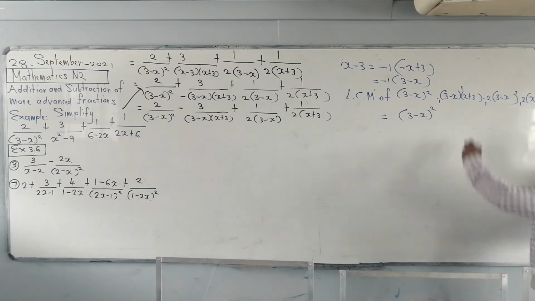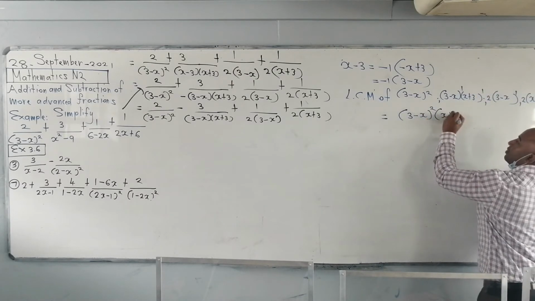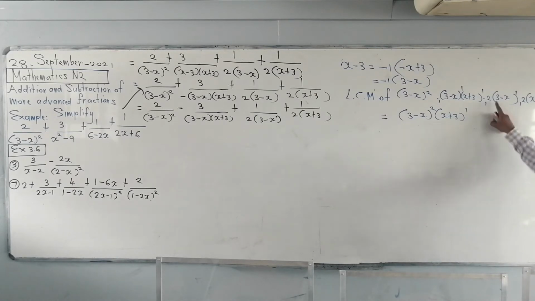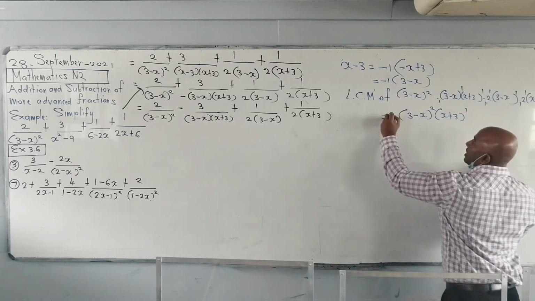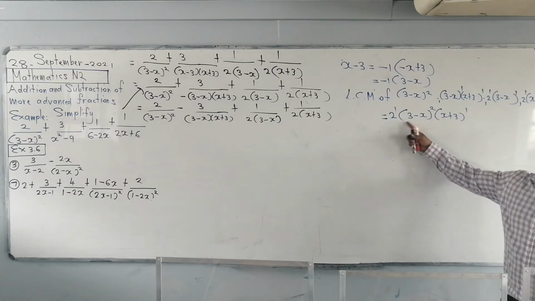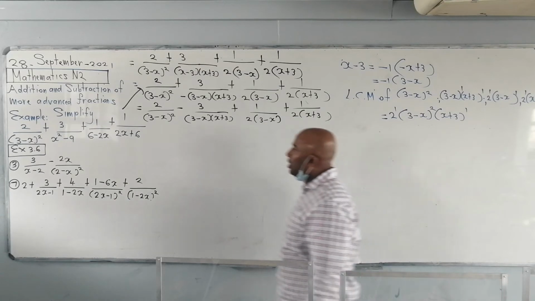Now, you've got x plus 3 to the power 1, x plus 3 to the power 1. X plus 3 to the power 1 is the highest. What else do we have? We got 2 to the power 1, 2 to the power 1. So let's take 2. Is there anything that we left out now? Nothing. Can you see how it's reduced to just 1, 2, 3 now? Can you see that?